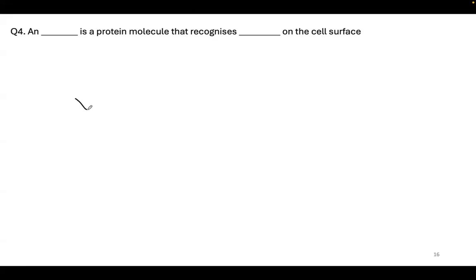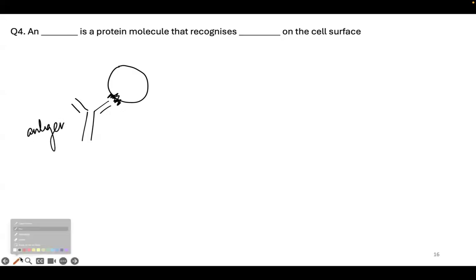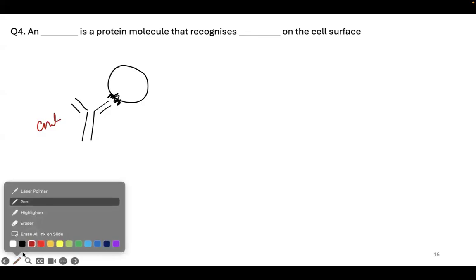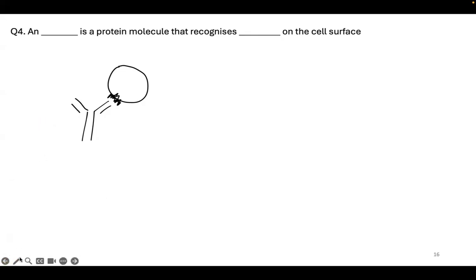So generally it's like this. So this is your antibody, and then that's an antigen, and this is where your detection is. Oopsies, sorry. It's very difficult to type like this. Okay, so that's your antibody.